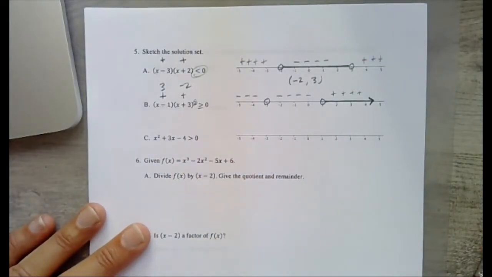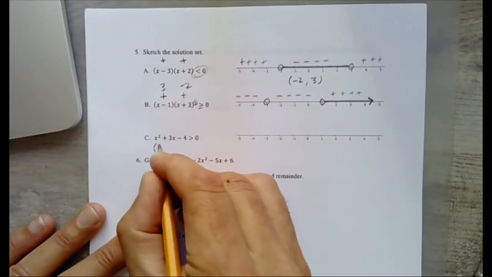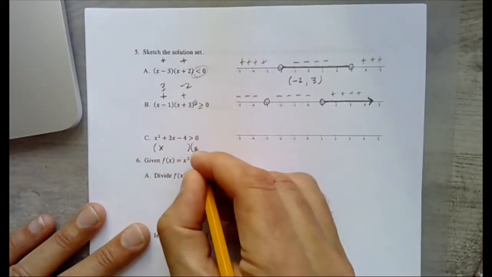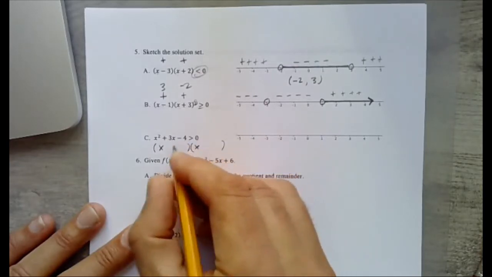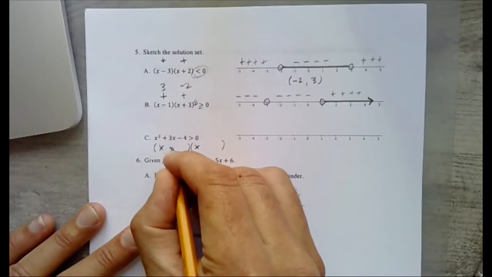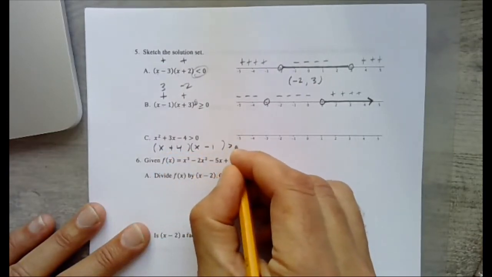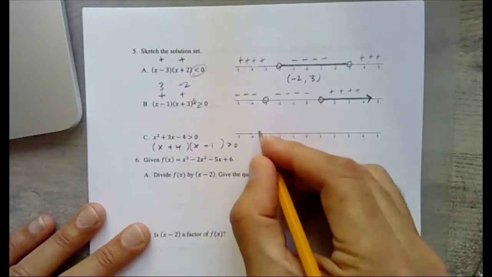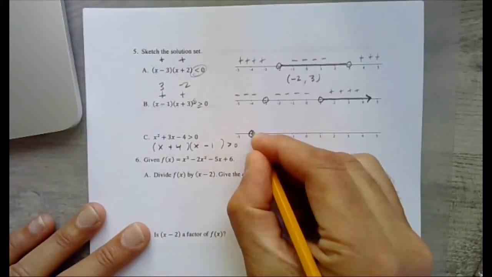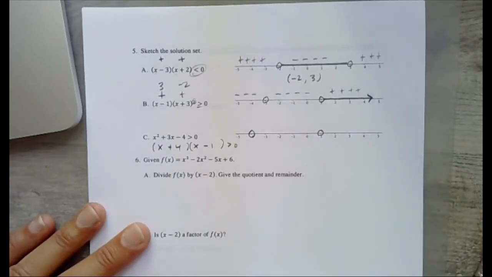Okay, and then for this one, we've got to work a little bit harder and factor this. So the factors of -4 that add up to 3 would be +4 and -1. And we want to know where this is positive. So this is going to be at -4 and at 1.